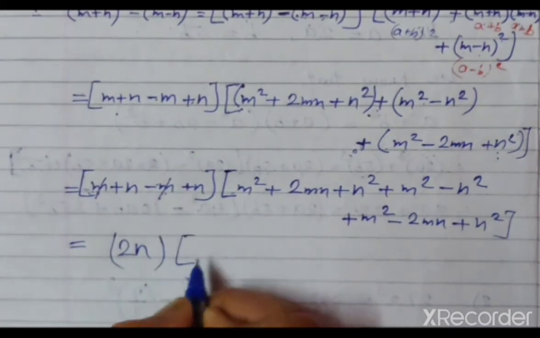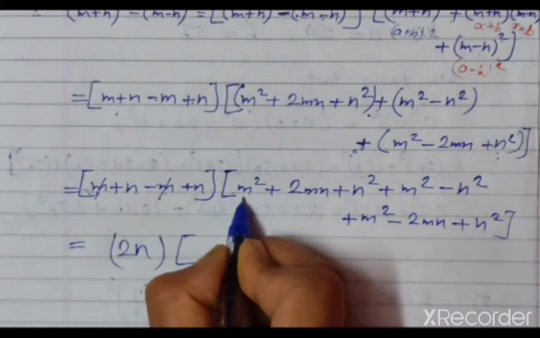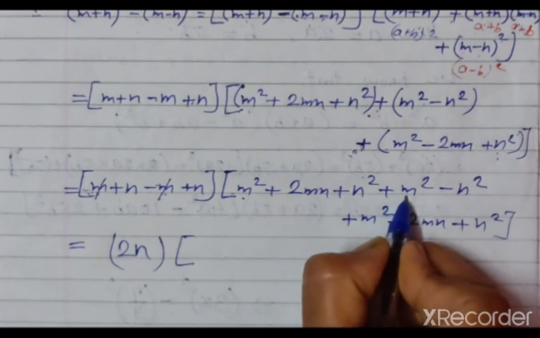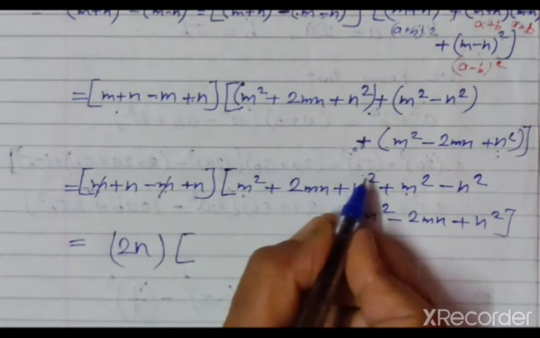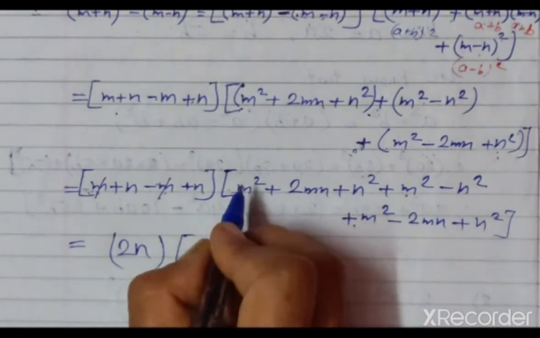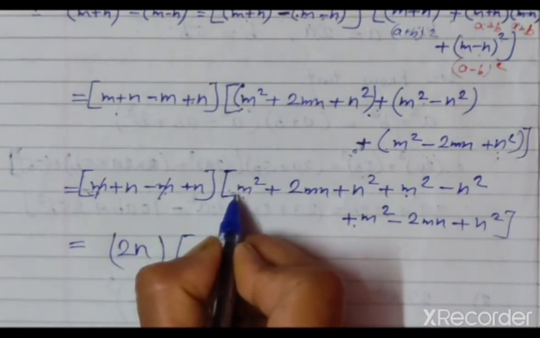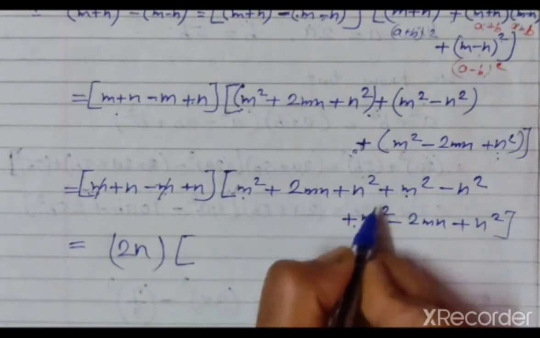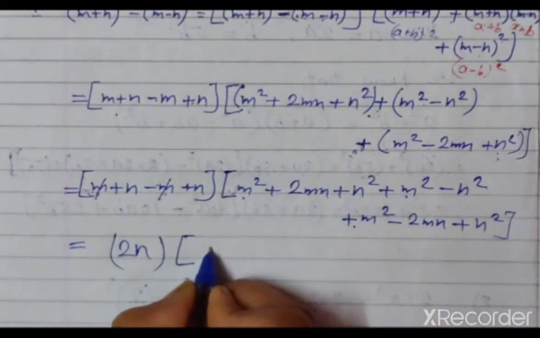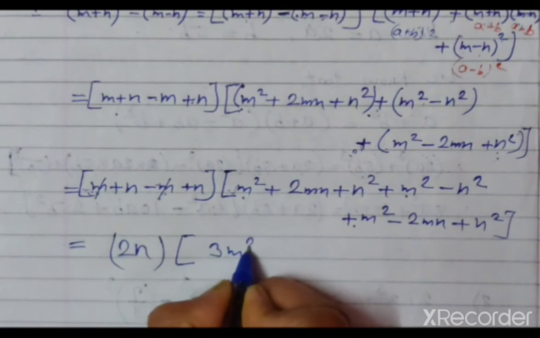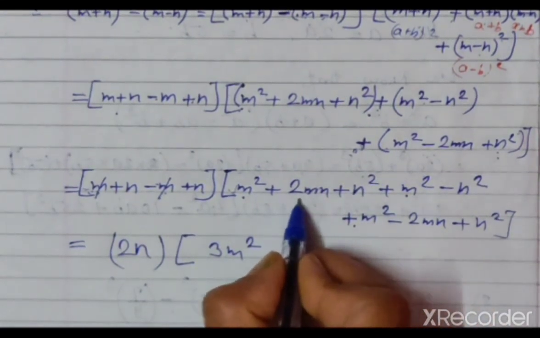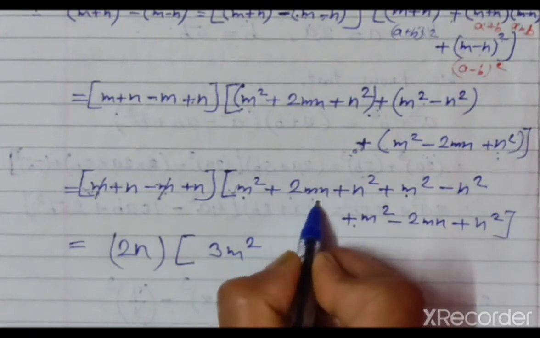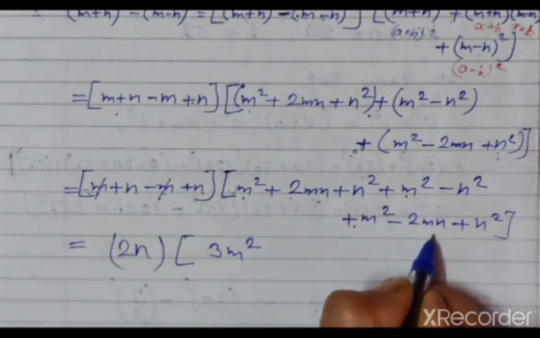Now in the next bracket, m square and here also m square. So all m squares have positive symbol, so the addition will take place. So 1 plus 1 plus 1 is equal to 3m square. Now let's move to this second term, that is 2mn. 2mn is here also.